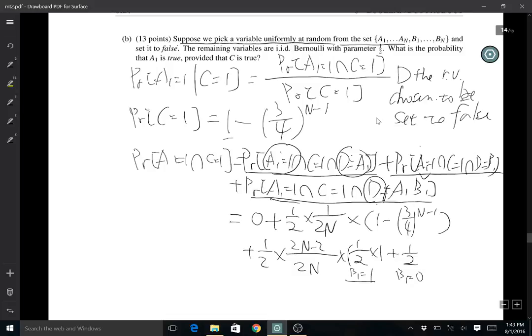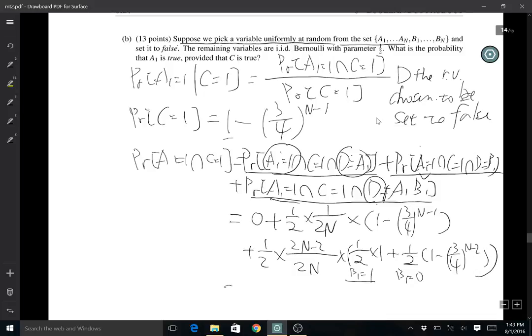So there are two clauses that we already know are false. So we exclude these two, and then for the rest of the n minus 2 clauses, to make C true, they couldn't all be false. So the probability is 1 minus 3 over 4 to the power of n minus 2. Right? Okay.